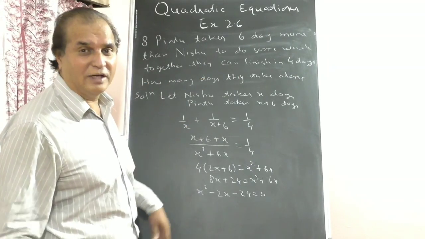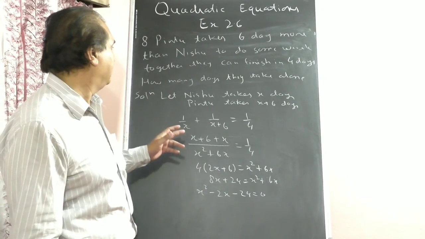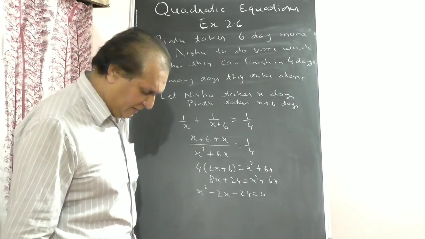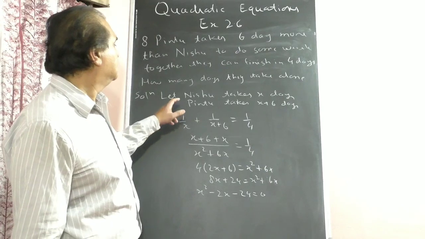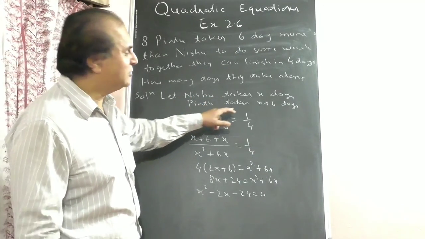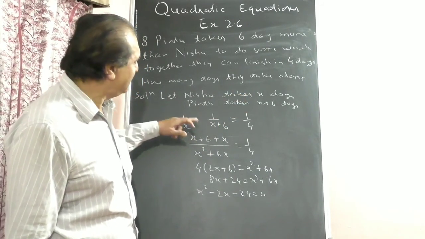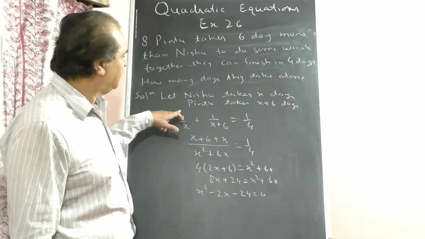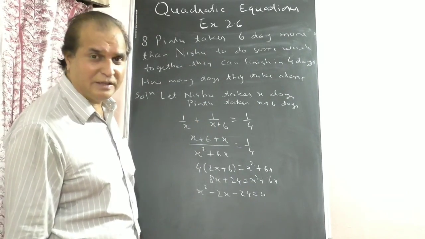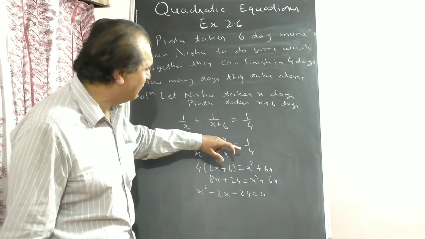Together they finish in 4 days if they both work together. Okay. So how many days do they take alone? So let Nishu take x days, Pintu x plus 6, right? If Nishu takes x days, per day work is 1 upon x. Pintu's per day work is 1 upon x plus 6. And total 4 day work, so 1 day work is 1 upon 4.